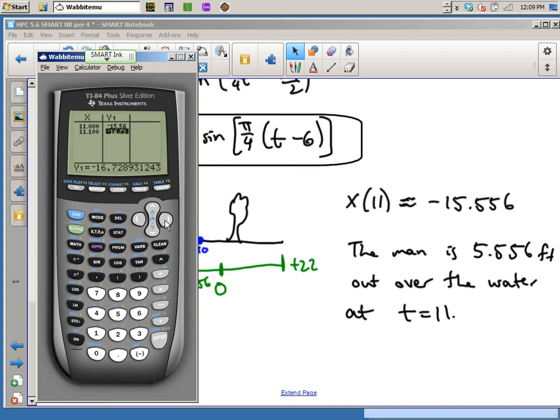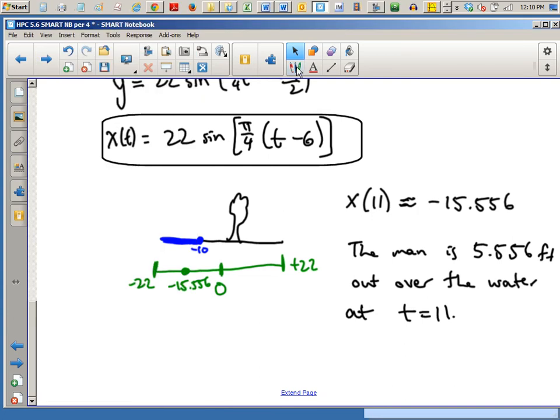So at 11.1 seconds, we know he's at -16.729. Well, that's just barely to the left of the point we just had. Just a foot over, you know.